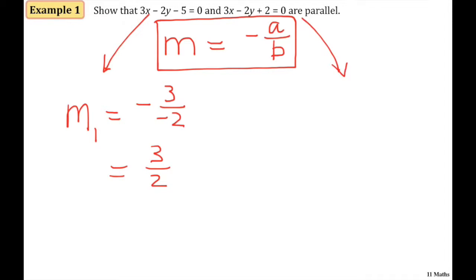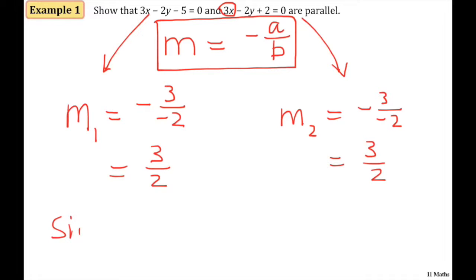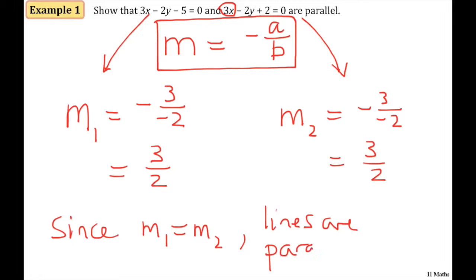For the second line, the gradient m2 equals minus the x number over the y number, which is -3 over -2, which is also 3 over 2. So since m1 equals m2, the lines are parallel. And there we have our answer.